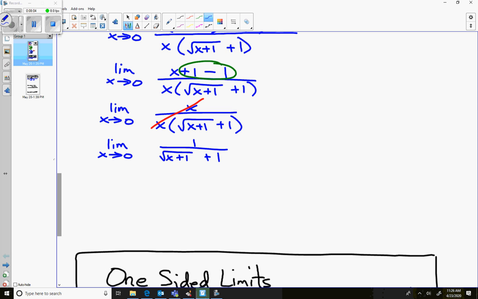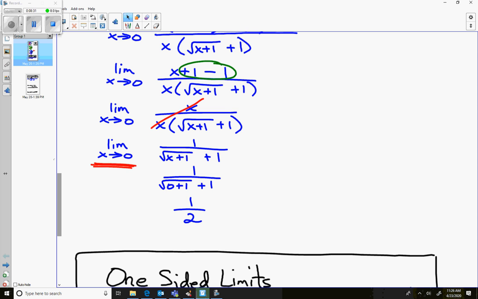But now I can. So everywhere I have an x, plug in 0. So square root of 0 plus 1, plus 1. We evaluate this, and we're going to get, again, an answer of 1/2. Now, it's just a coincidence that the last 2 problems got the same answer.